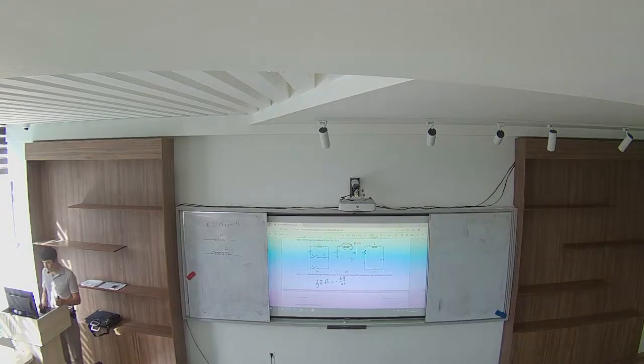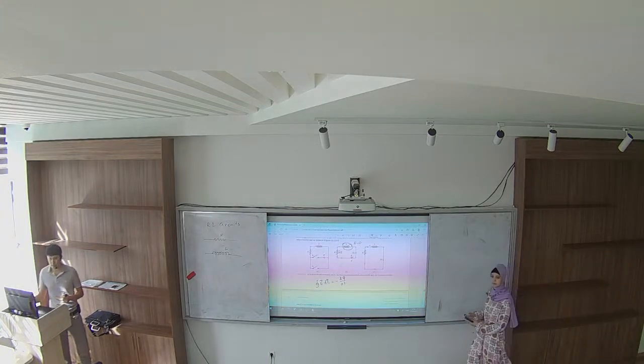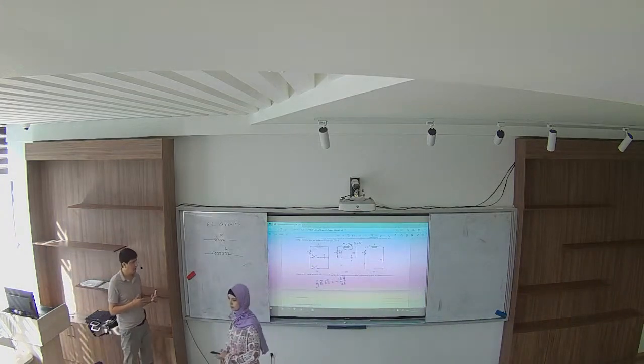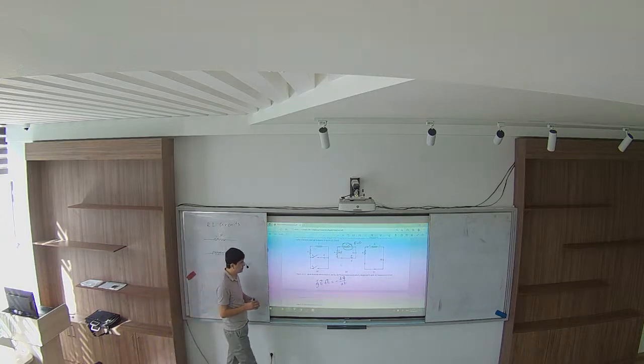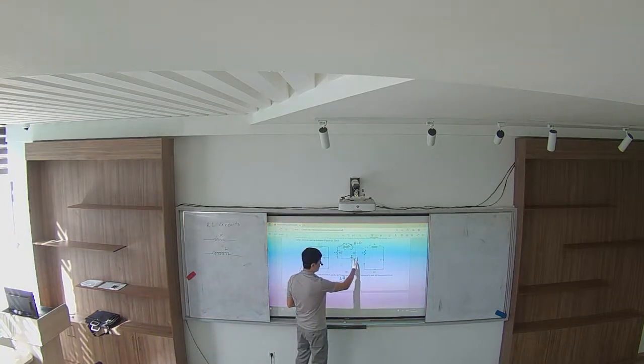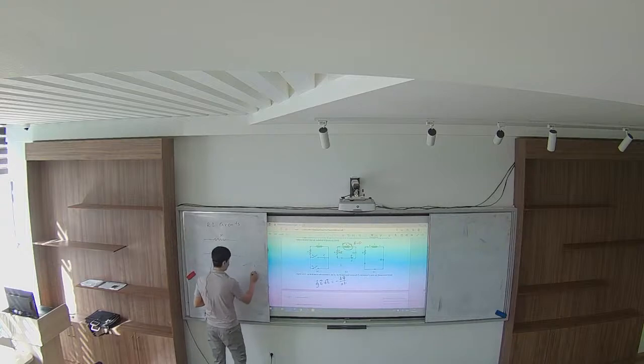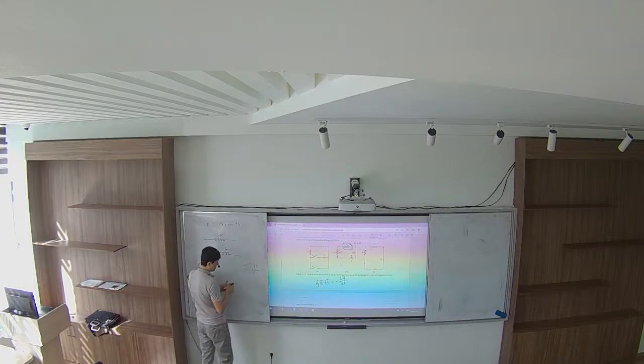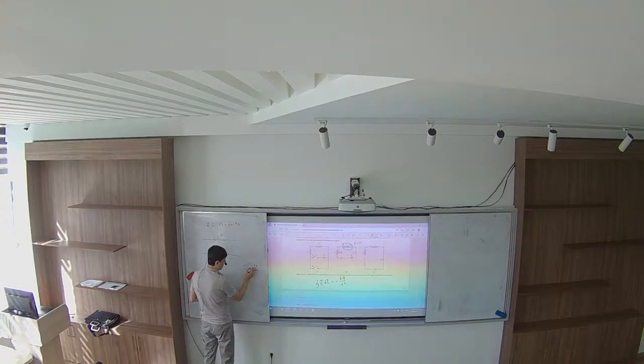The electric field on the resistor is in this direction. The electric field inside the power supply is in this direction, because the electric field is directed from positive to negative. So this is the positive terminal, and this is the negative terminal, right? The electric field goes from plus to minus.